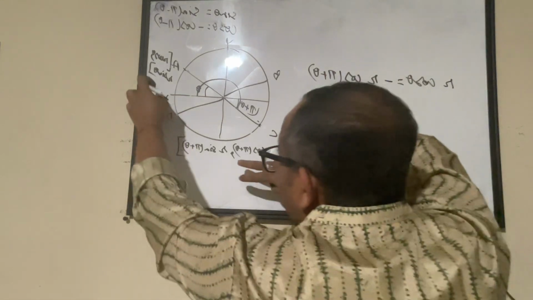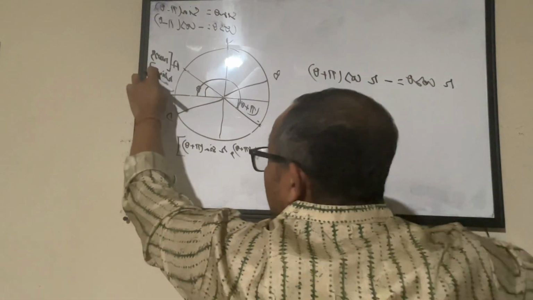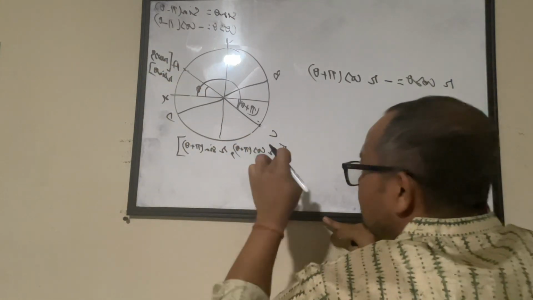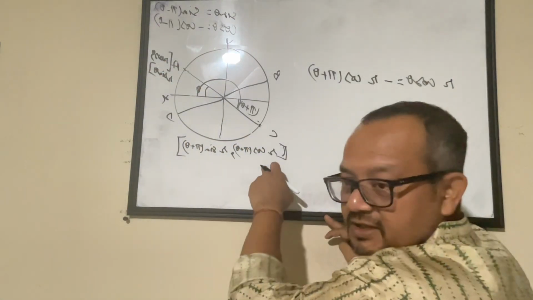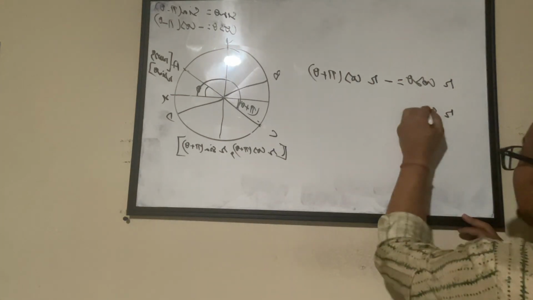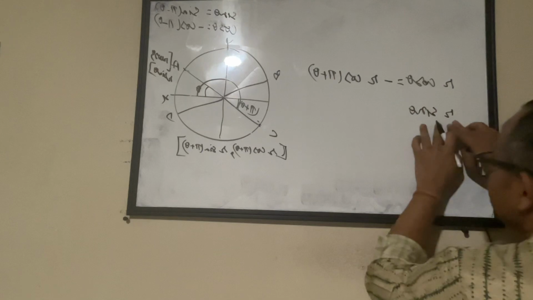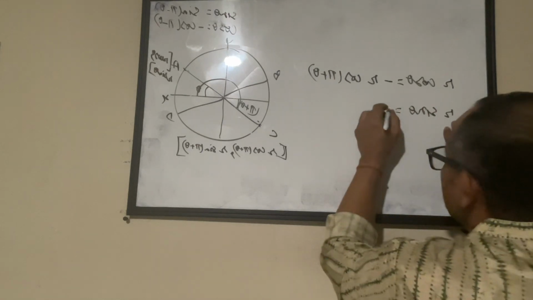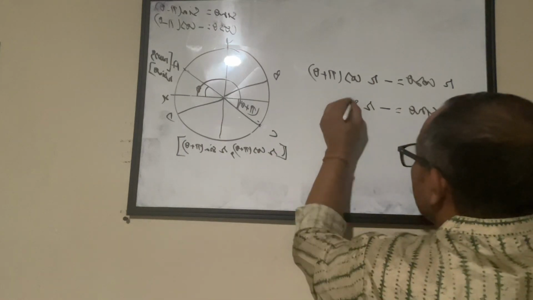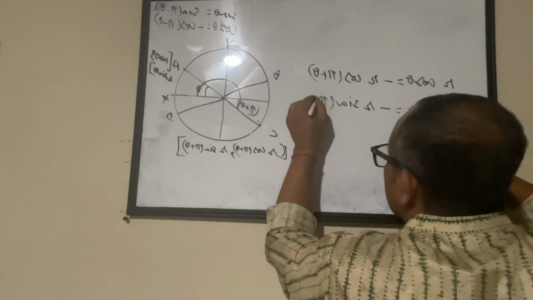Similarly, the y coordinate of this point is equal to negative of the y coordinate of this, correct? That means r of sine theta, which is for point A, is equal to negative of r of sine pi plus theta.